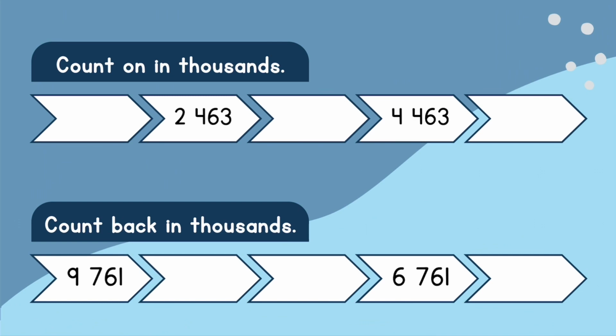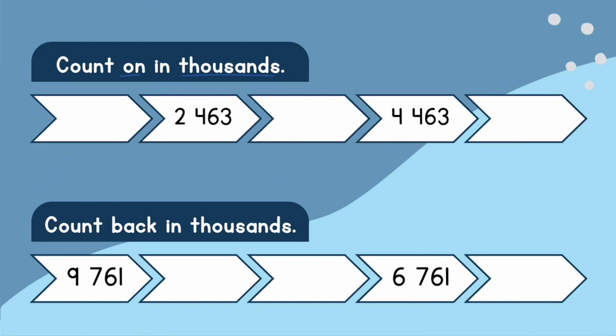Now, let's look at the last example here. We have count on in thousands. So again, count on means count forward in 1,000 steps for each number. So counting in thousands means only the thousands place value will change. The hundreds, tens and ones will remain the same. Let's look at the example here. We have 2,463.